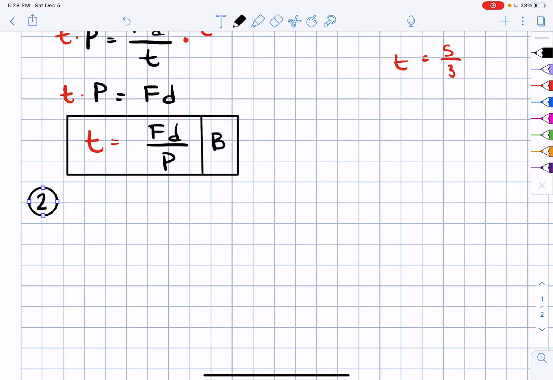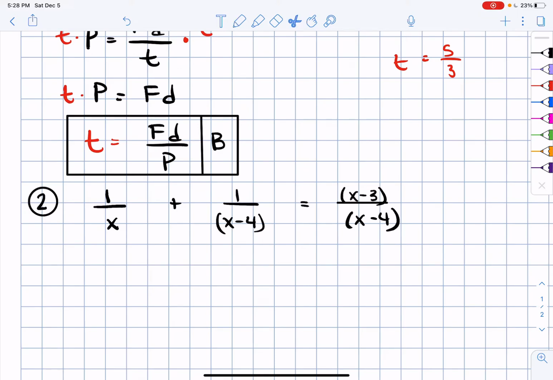So number 2 is 1 over x plus 1 over x minus 4 is equal to x minus 3 over x minus 4. In order for me to get rid of the denominator, I want to get all the denominators to be the same.